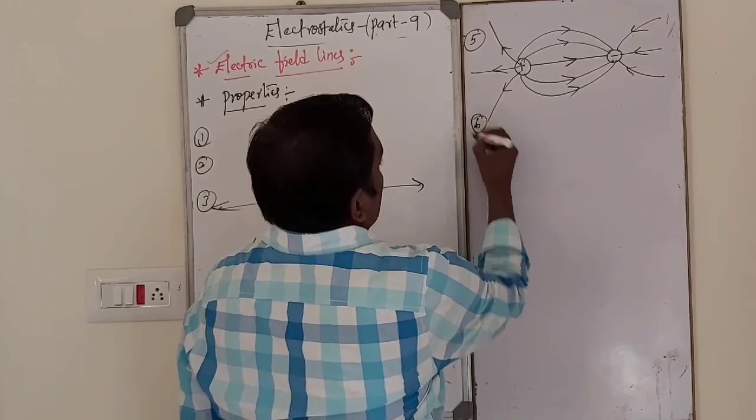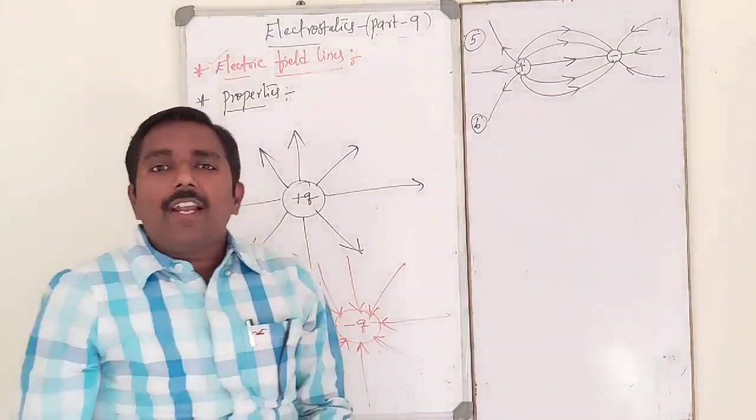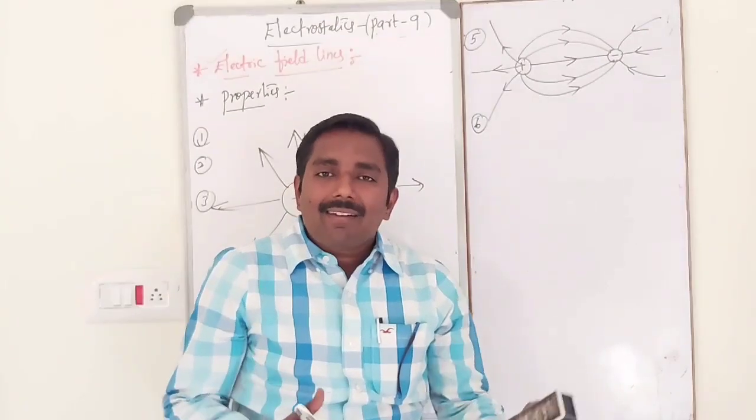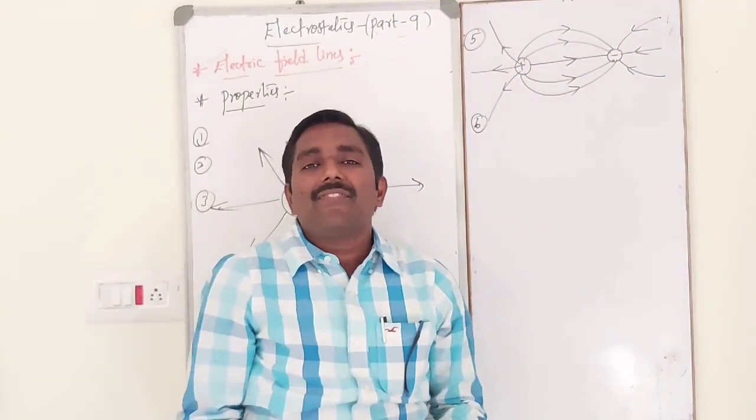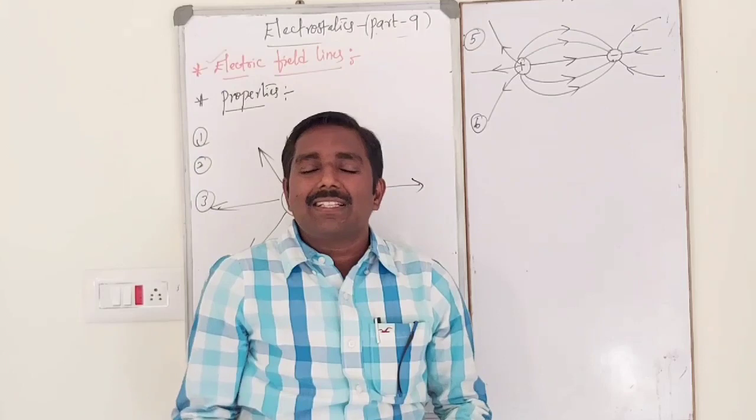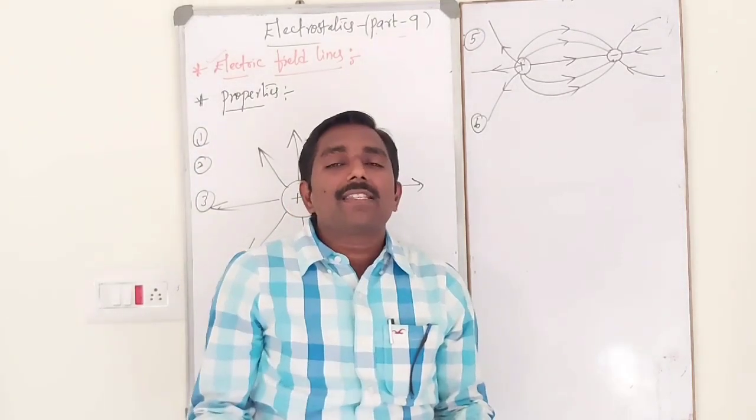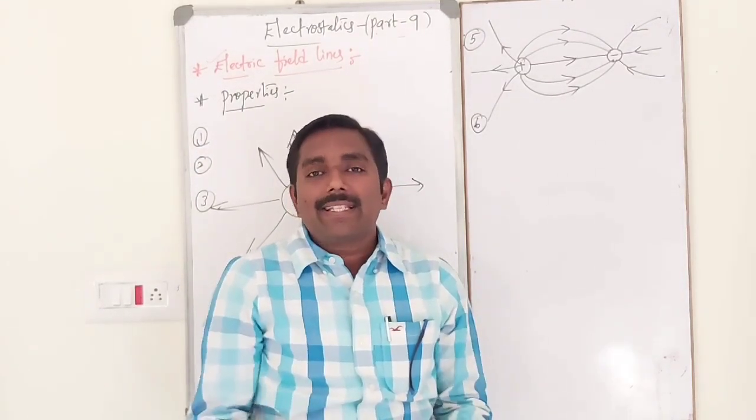Next, the sixth one. Electric field lines never cross each other. That means electric field lines never intersect.